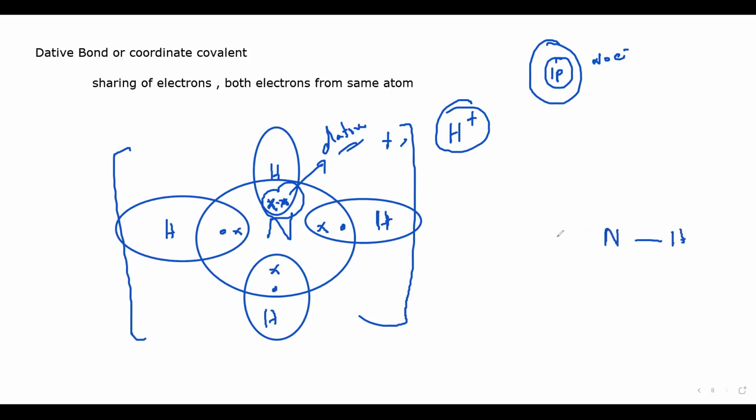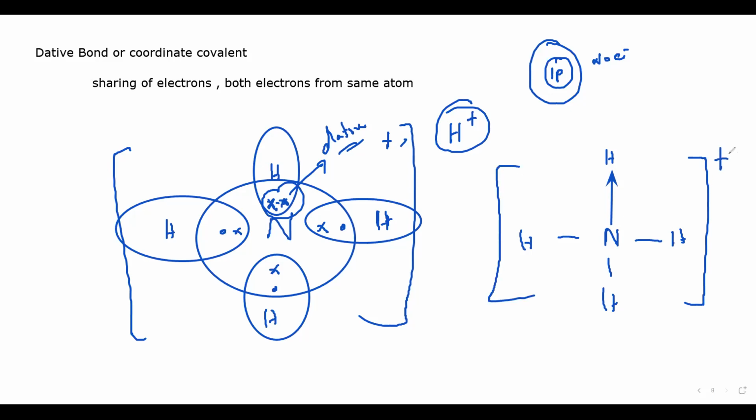We have nitrogen sharing electrons with hydrogen, and there is a dative bond with another, extra hydrogen. So we draw an arrow from the element which is sharing both electrons to the one which is taking them. But still it is a sharing. It's not like the two electrons transfer from nitrogen, and this will get a net charge of +1, or positive. We call this an ammonium ion. Is it clear? The dative bond.